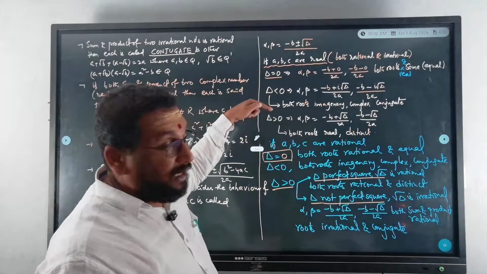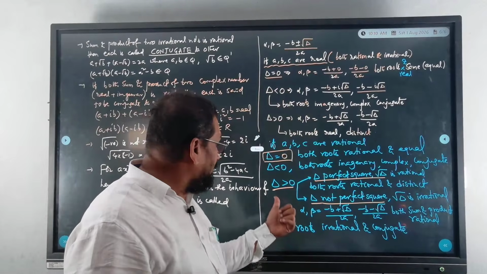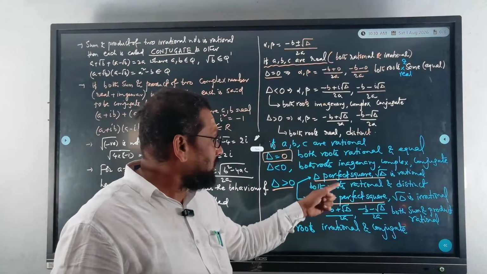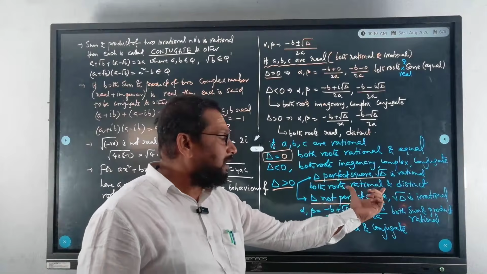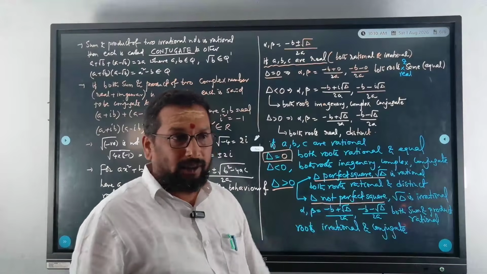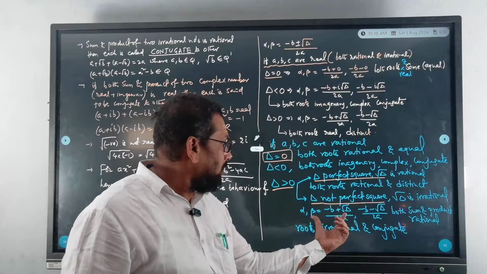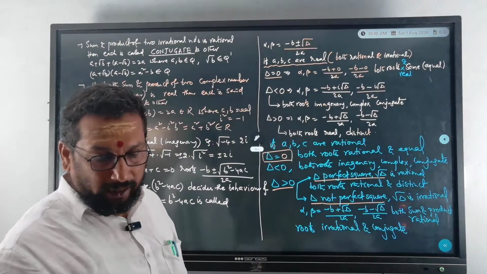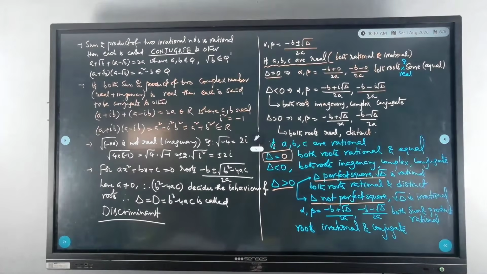In the case of delta greater than 0, if a, b, c are real, both roots are real and distinct. If a, b, c are rational, there are again two cases: one is perfect square, the other is not. If perfect square, both roots are rational and distinct. If not a perfect square, the roots are conjugate and irrational. Write this down.